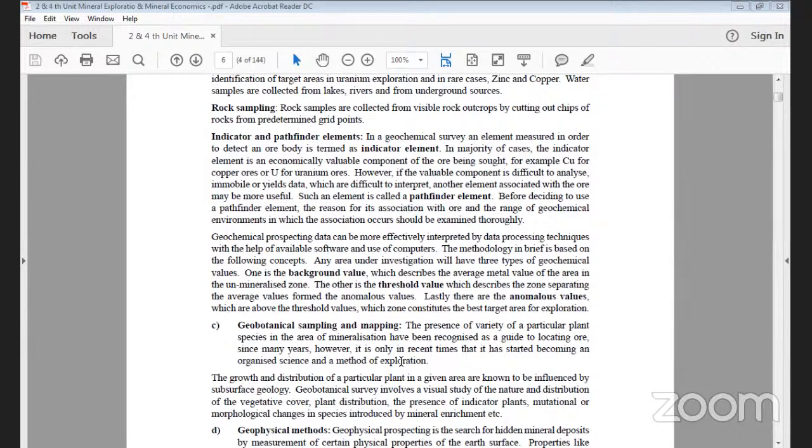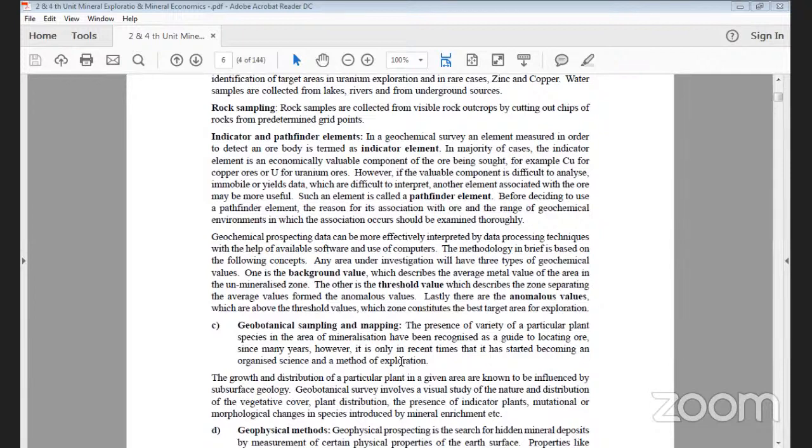Suppose you have collected samples from different locations and analyzed them, then you will get some values above 1 ppm. Then we can compare them with the normal background values.